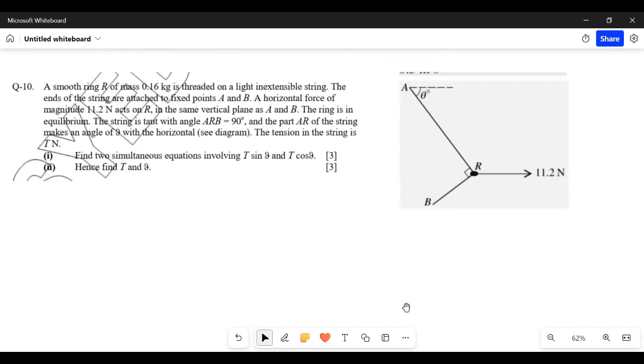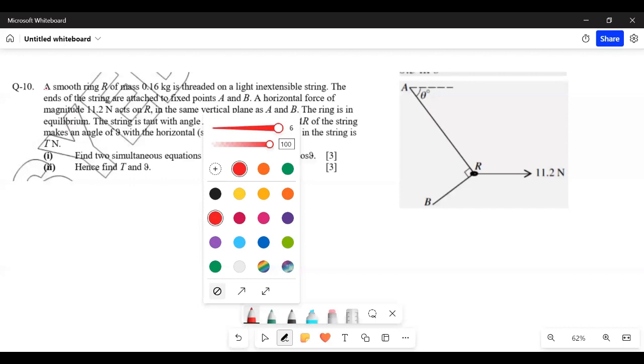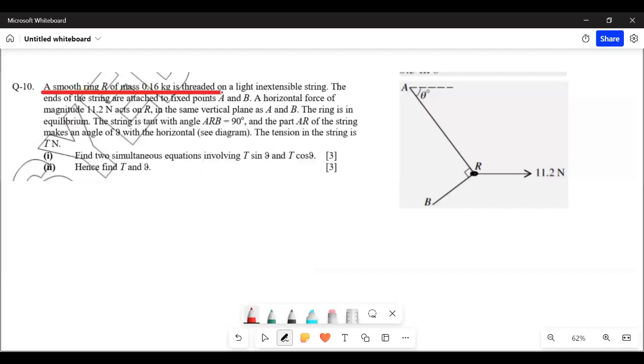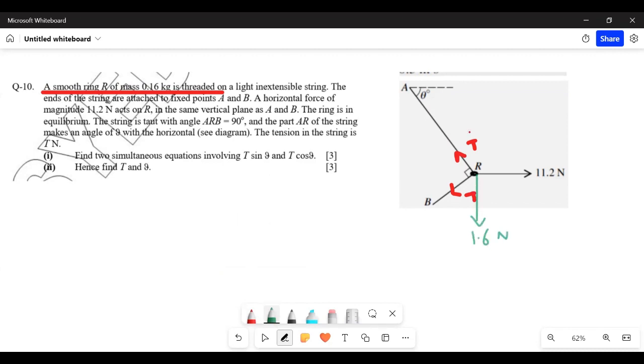Smooth ring R. So if the ring is smooth, that means the tension in both parts of the string should be the same. So in this direction, it's going to be T, and this direction is going to be T as well. The mass is 0.16, so that means the weight downwards is going to be 1.6 newtons, mg. It is threaded on a light inextensible string.